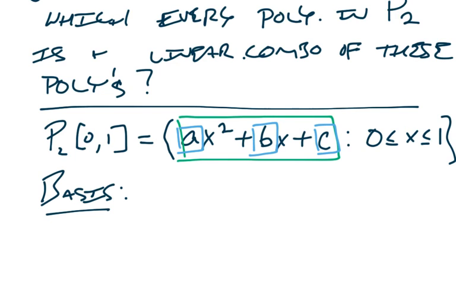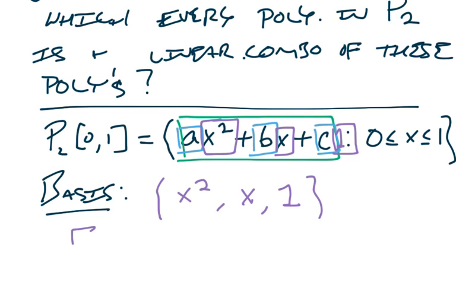And the functions that are in the linear combination are x squared, which is a polynomial of degree 2 or less, x, which is a polynomial of degree 2 or less, and sort of hidden here is the constant polynomial 1. All right, so my idea for a basis is the following. Take the functions x squared, x, and 1.